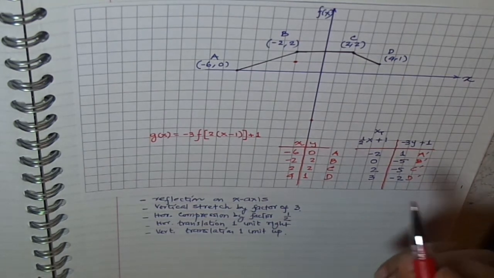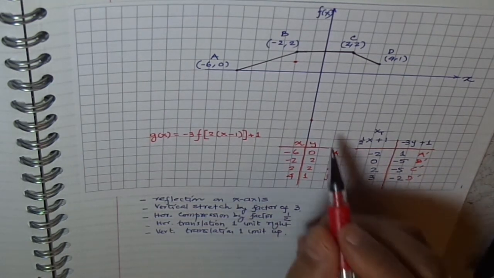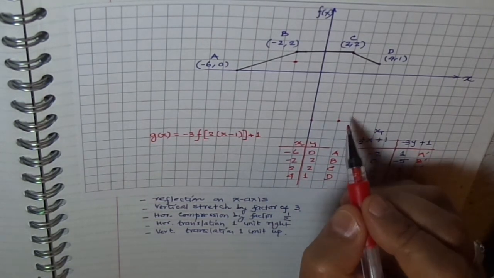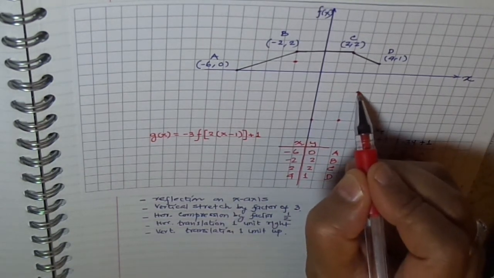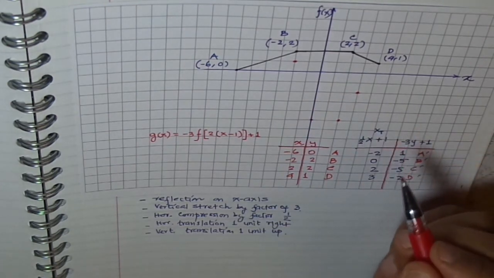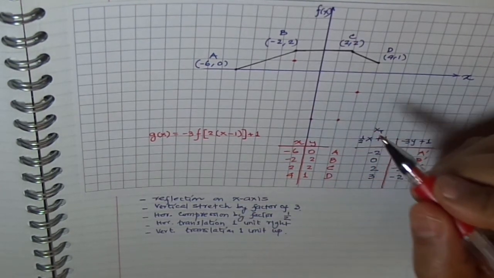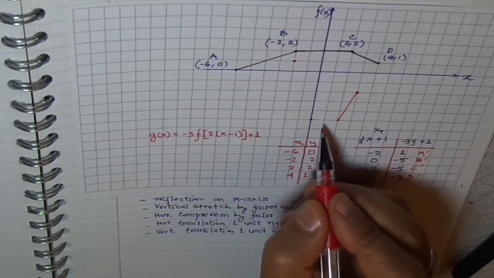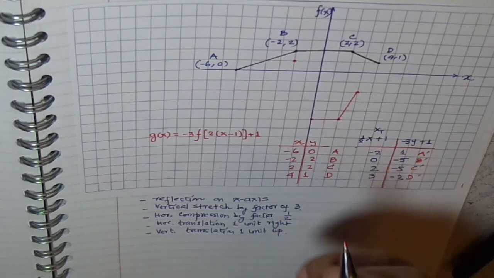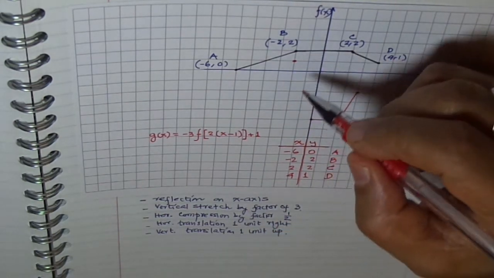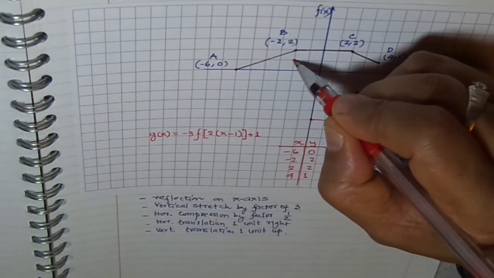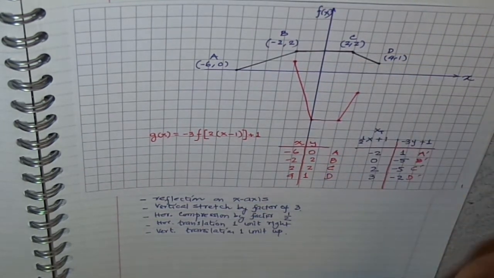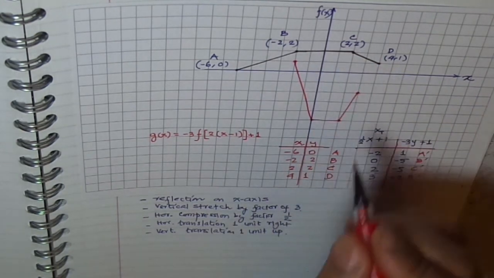This is our B dash. 2, minus 5. 3, minus 2. So this is our transform graph. Let me just join these points for you. That's the transform graph, and this is our function g(x).